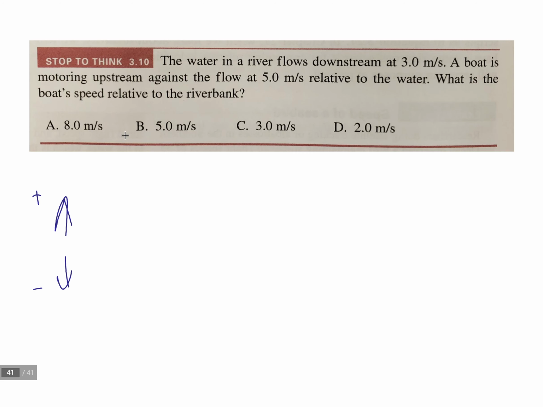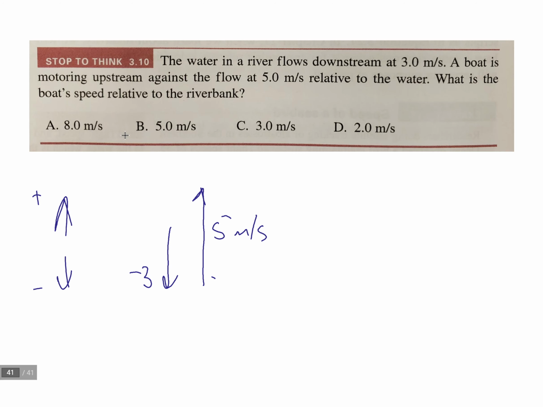So the water in a river flows downstream at 3 meters per second, so that would be this way, -3. And then the boat is motoring upstream against the flow at 5 meters per second relative to the water, so this way at 5 meters per second. Relative to the water. So what is the boat speed relative to the riverbank?